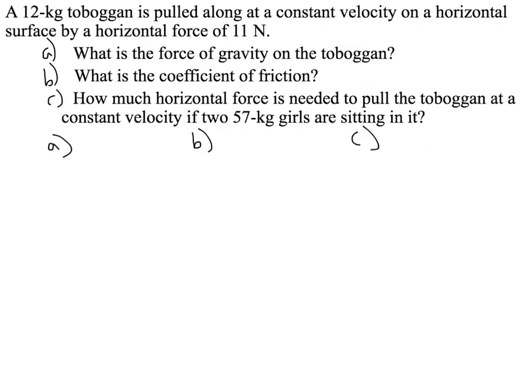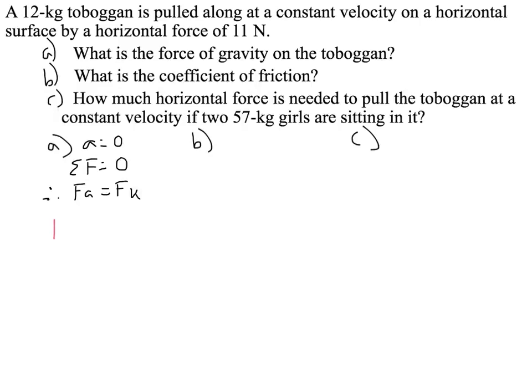A 12 kilogram toboggan is pulled along at a constant velocity on a horizontal surface by a horizontal force of 11 newtons. Okay, since we know velocity is constant, we know that a equals 0, therefore the sum of the forces equals 0. We could say therefore F applied is going to equal F K. That's just what we know from the given question. Now A says, what is the force of gravity on the toboggan?